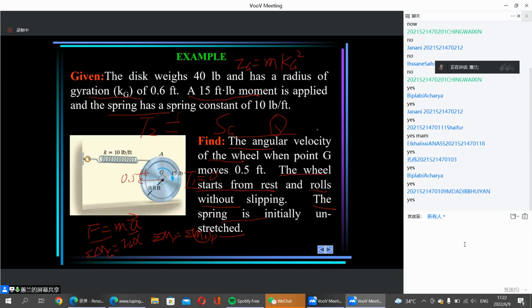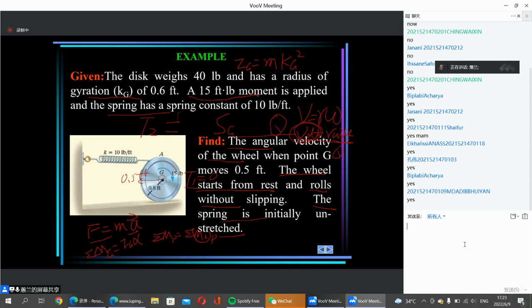What do we have? We have V equal to R omega, right? So V dt will equal R omega dt, right? V dt is actually the displacement of the mass center. Omega dt is actually the angular displacement, right?